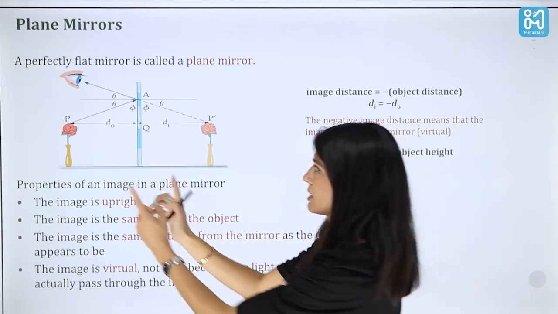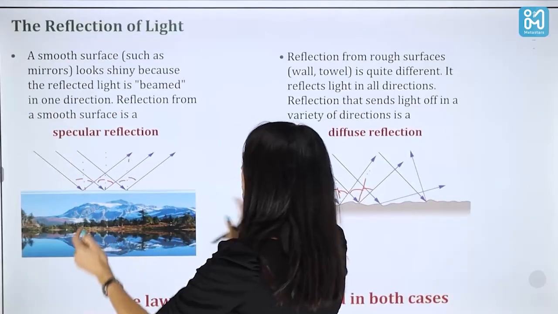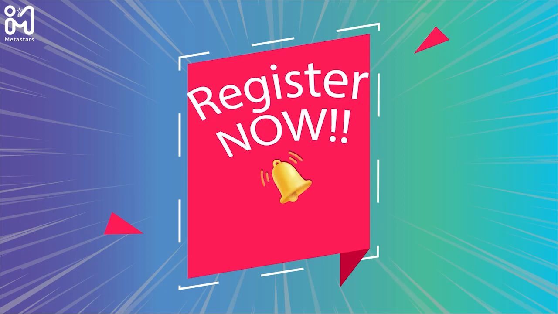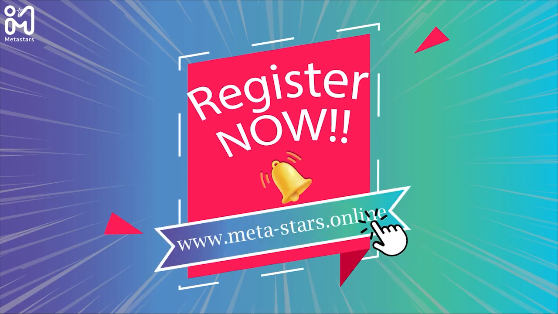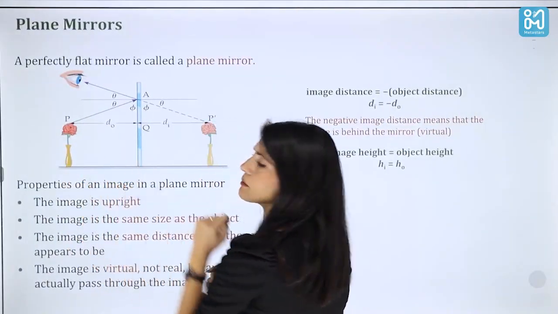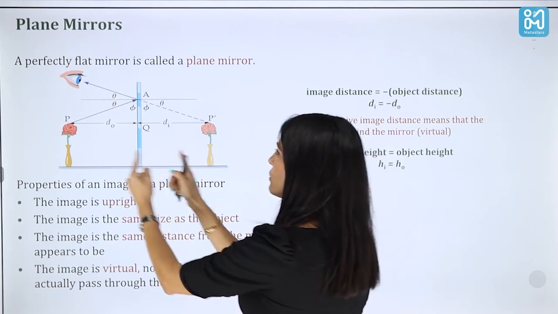And pay attention to this part. This is the distance between the object and the mirror, and this is the distance between the image and the mirror. Both are equal.